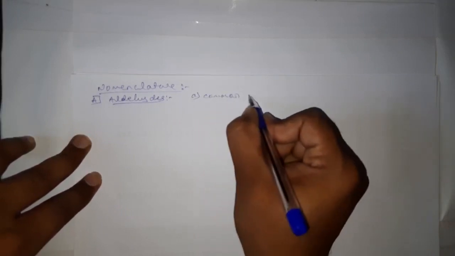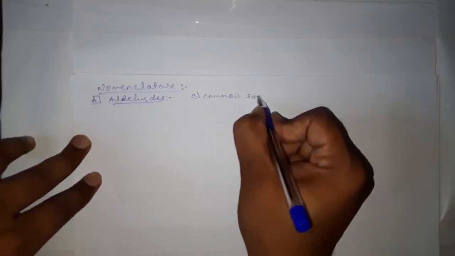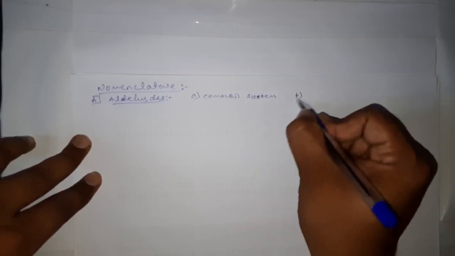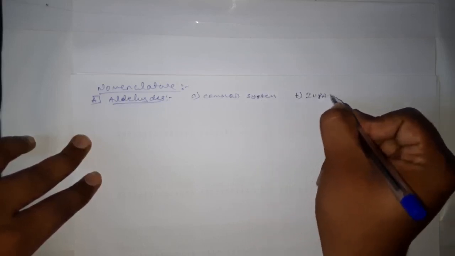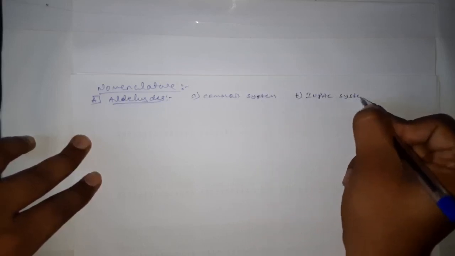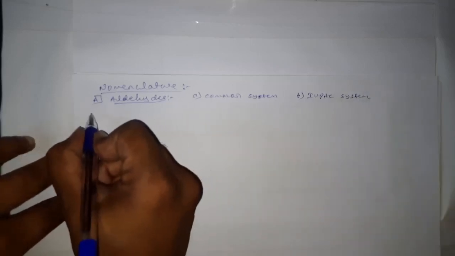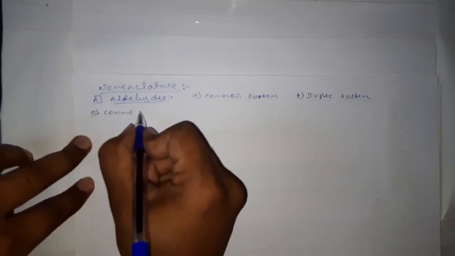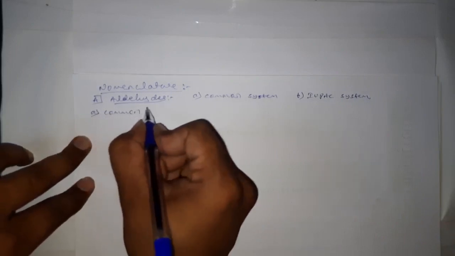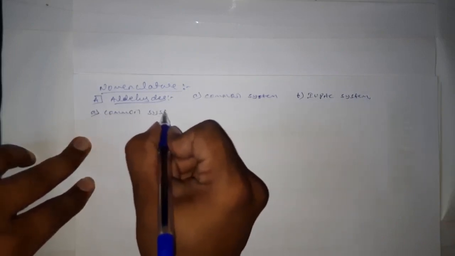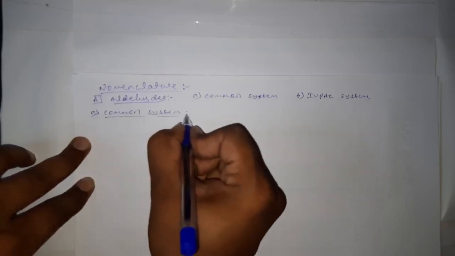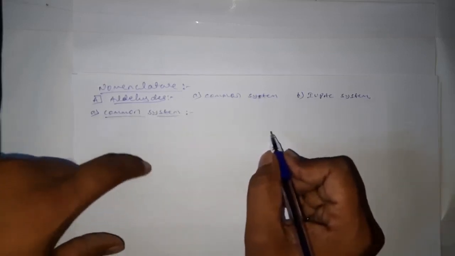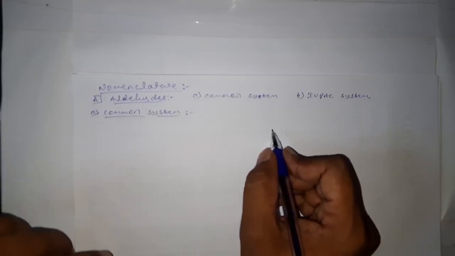The first one is common system of nomenclature, and the second one is IUPAC system of nomenclature. Then let me start with the common system of nomenclature of aldehydes.